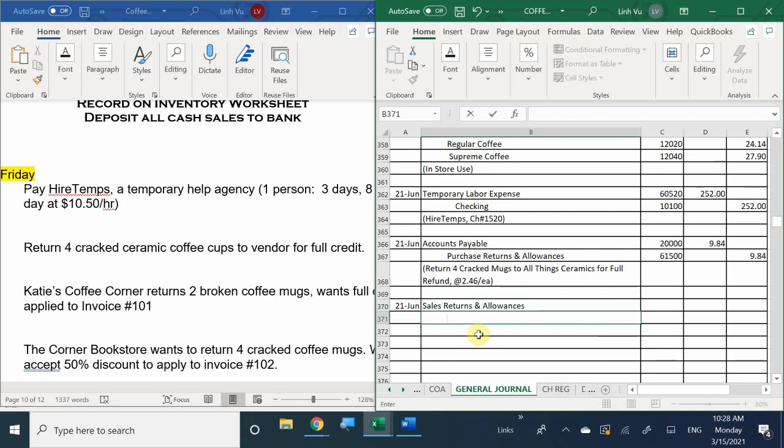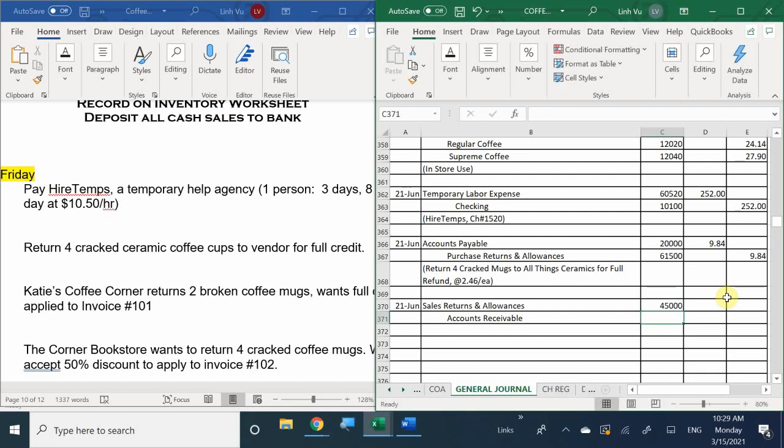Now, she didn't demand a full refund, but she said that she wants to apply it to the invoice number 101. So in this case, instead of giving her money back, we're just going to reduce her invoice. So in this case, good. Accounts receivable. All right. So what is my sales returns and allowances account number? 45000.